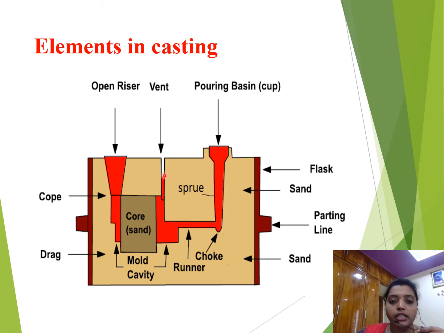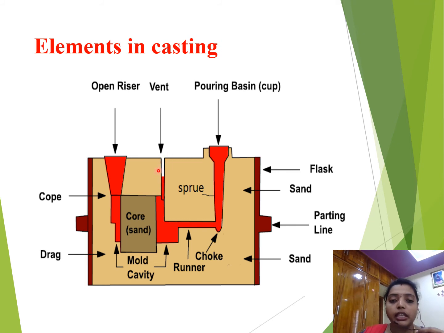All of you think, what is this one? Vent. These are the vent holes. They keep some vent holes because the molten metal is at high temperature, so it will release some gases. All those gases move upward to the atmosphere.